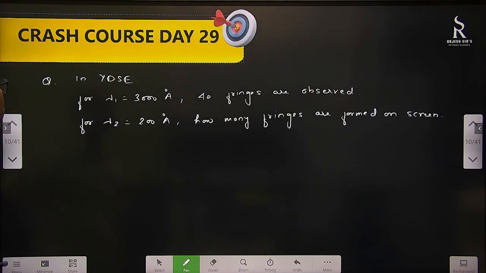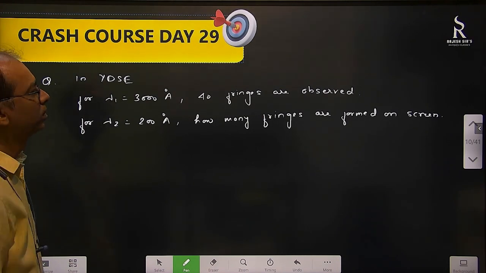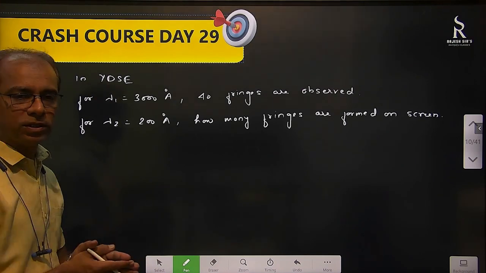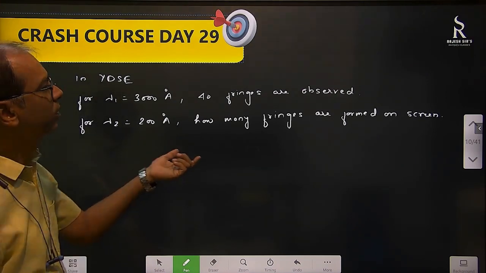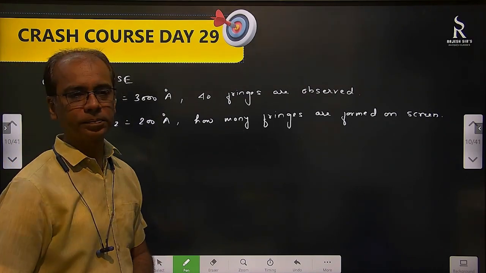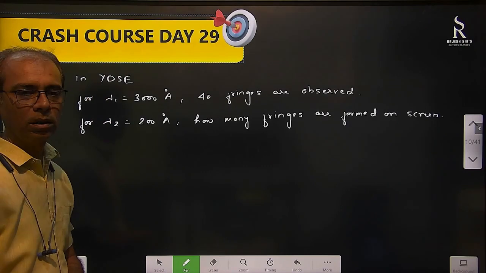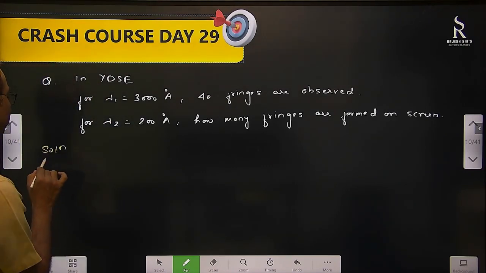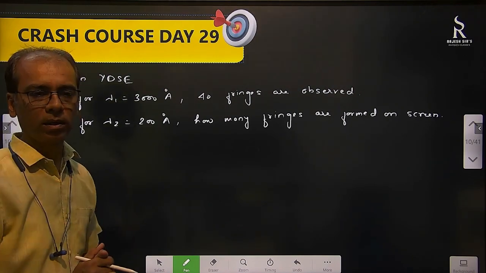Now, in YDSE for λ1 equal to 3000 angstrom, 40 fringes are observed on the screen. Then for λ2 equal to 200 angstrom, how many fringes are formed on the screen? Okay, what to do in this case? Now we know that if we are saying only 40 are observed or 20 or 30 are observed, that means that much space is there on the screen.